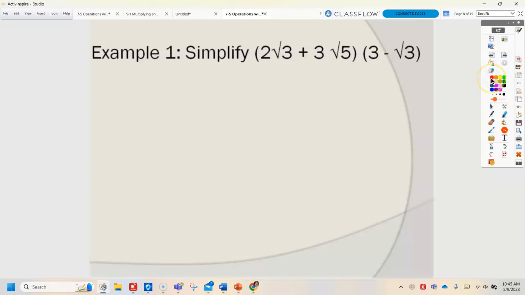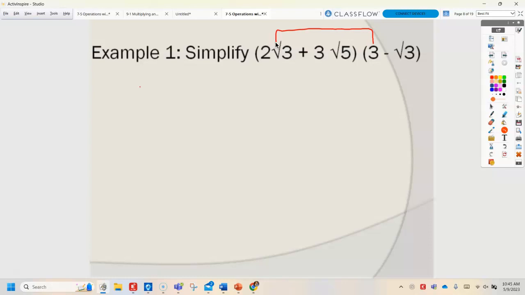So we're going to FOIL. We're going to do first. If there is no square root attached to the number, you just multiply the numbers out in front. So 2 times 3 is 6.